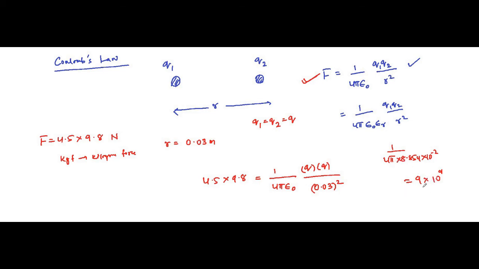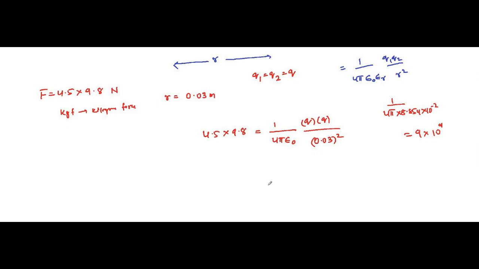So it is 9 into 10 to the power 9 into q square by 0.03 whole square, equal to 4.5 into 9.8.